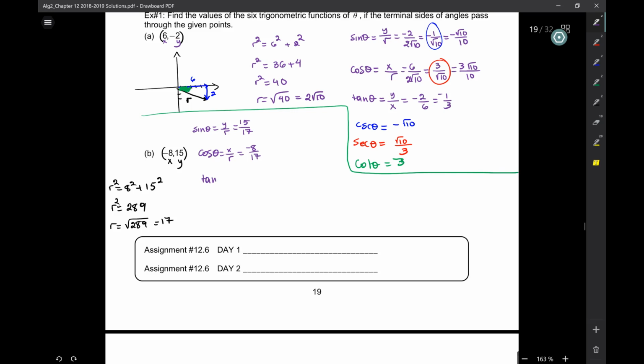Tangent of theta, y over x, negative 15 over 8. Cosecant of theta, reciprocal. Secant of theta, reciprocal. Cotangent, reciprocal. And with that, we have a handout here.